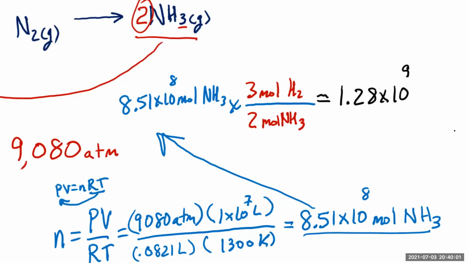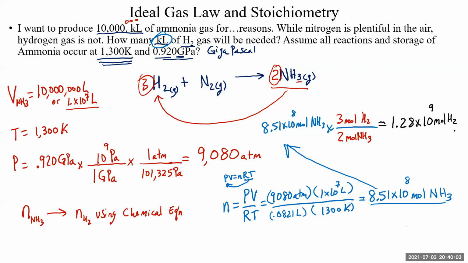But remember, we wanted to know this in kiloliters. So what do we do? We take this same number, which is equal to N of hydrogen. And what do we do with it to figure out volume? Since this is under the same exact conditions of temperature and pressure, all we do is plug this right back into the ideal gas law, but we solve for V this time, the volume of the hydrogen gas.